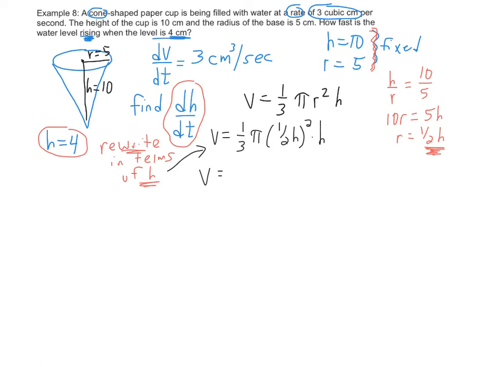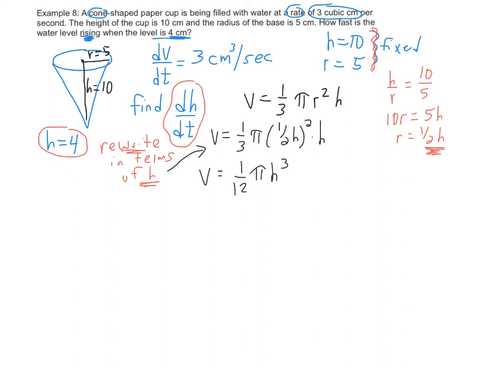So this 1/3 times that 1/4 will give us 1/12 pi, and then you're going to have an h cubed. So again, I can't stress enough, simplify it as much as you can. Don't waste your time trying to do the product rule or something crazy like that. Simplify it, and then from there we are ready for our derivative. Okay?